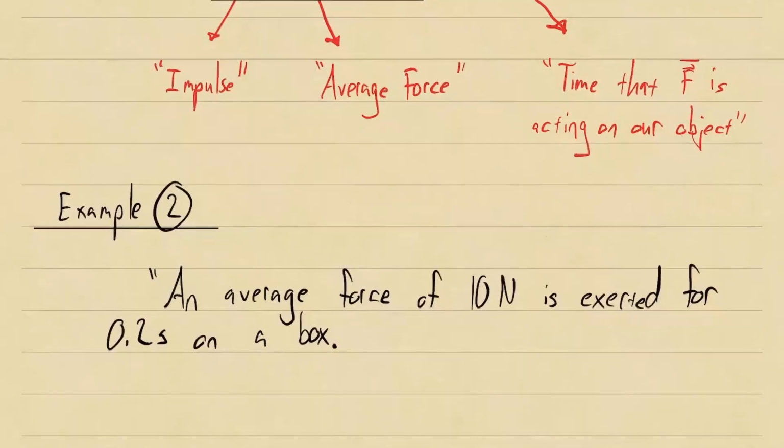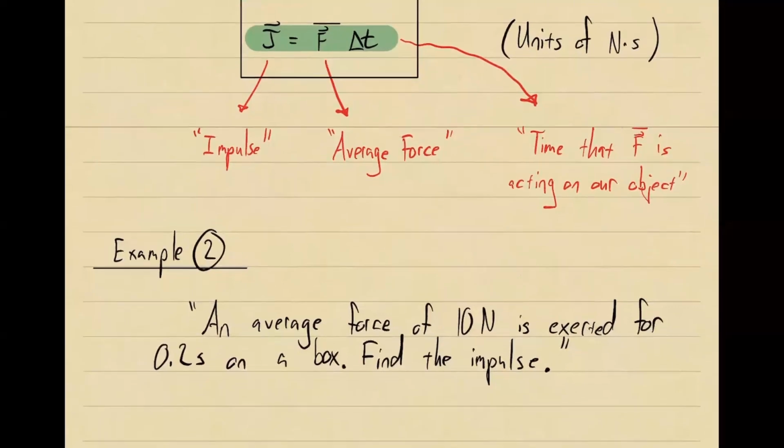And the problem wants us to find the impulse of this force on the box. So the impulse is a vector. We need to keep that in mind.